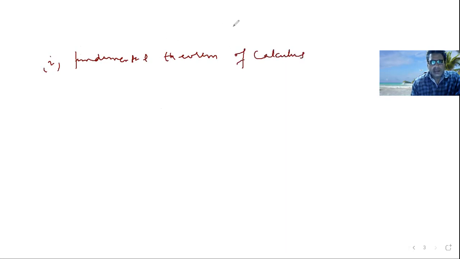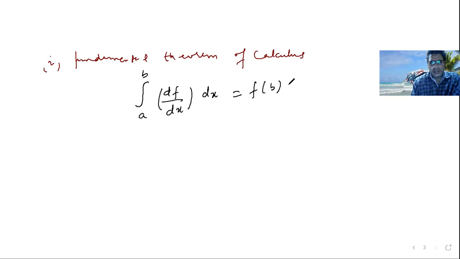It was like this. It stated the integral of df by dx times dx from a to b is equal to f of b minus f of a.